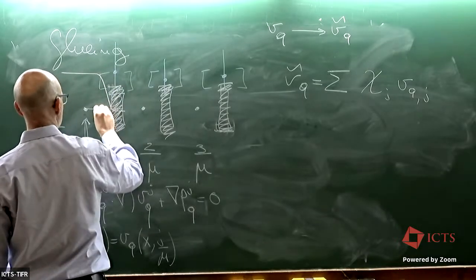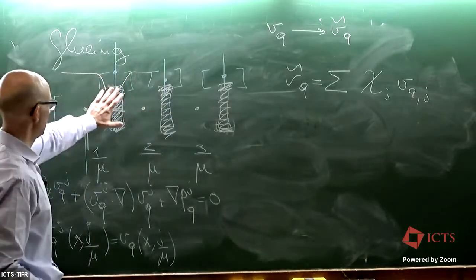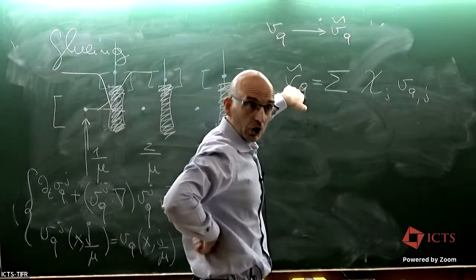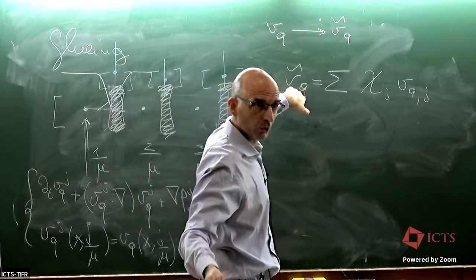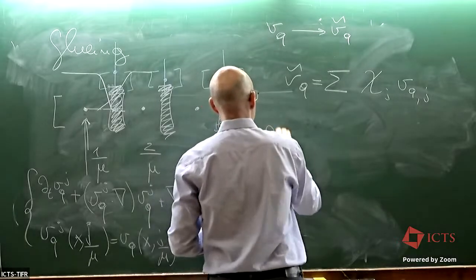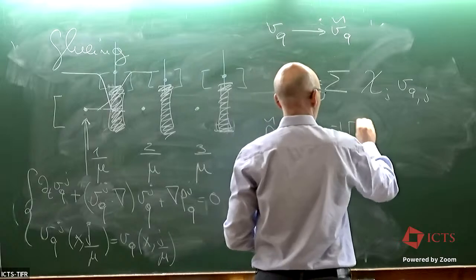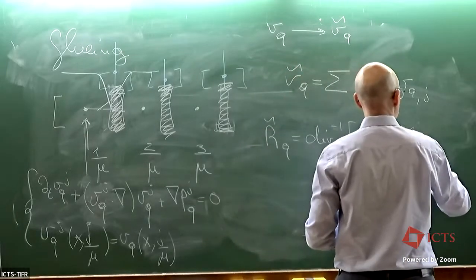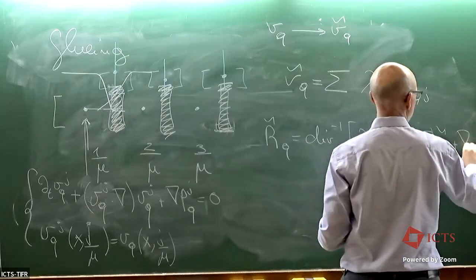And this other partition of unity is going up, and then it's exactly equal to 1. Now you compute the Reynolds stress for this guy. You feed it into the Euler equation, and now you compute R tilde Q. So R tilde Q is going to be divergence to the minus 1 of dt V tilde Q plus V tilde Q dot grad V tilde Q plus gradient P tilde Q.